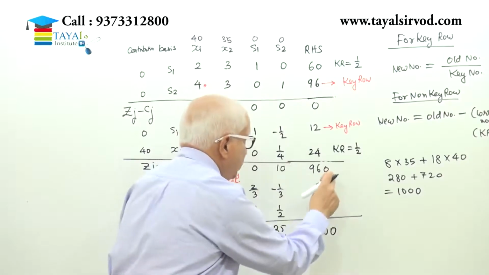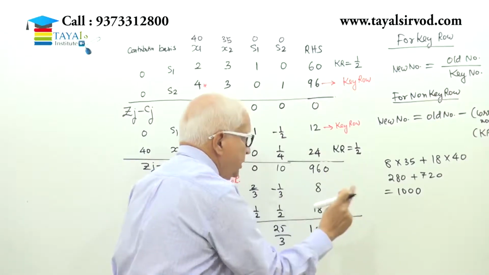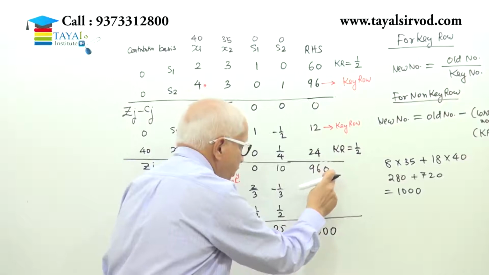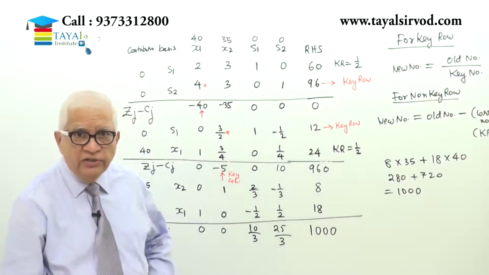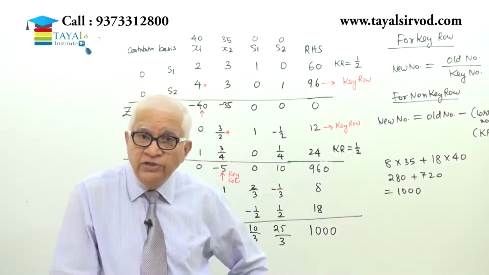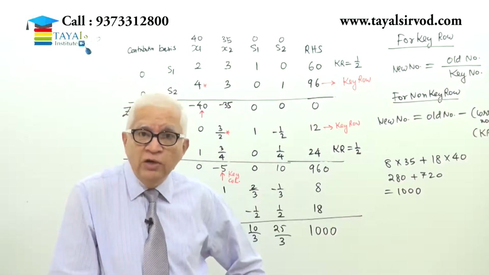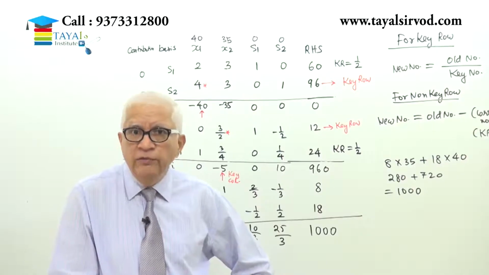Is it an improvement over the previous value? Yes. In a maximization problem, the value of the objective function must go on increasing. Has it increased? Yes. From 960, I'll say that even 961 is an improvement, but this is 1000. So an improvement over the previous value.